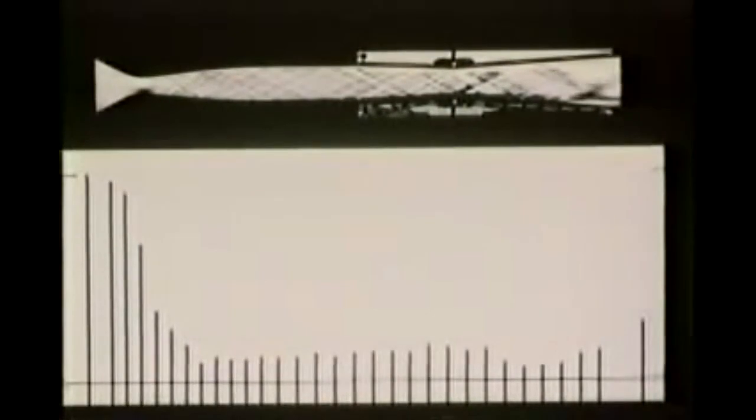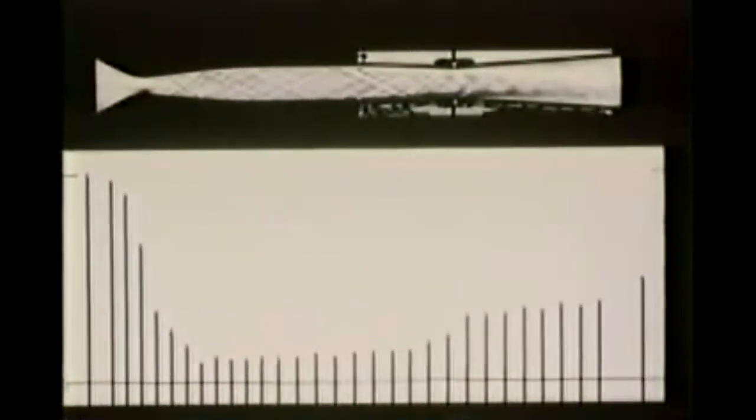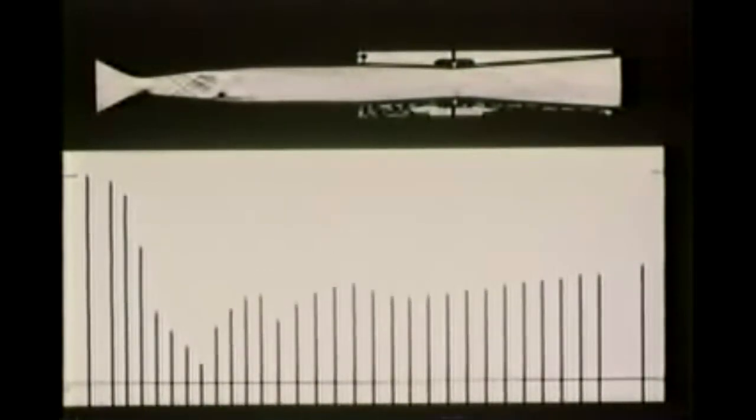By increasing the back pressure sufficiently, we can unstart the channel or disgorge the shock wave. And we can restart by again opening the valve.